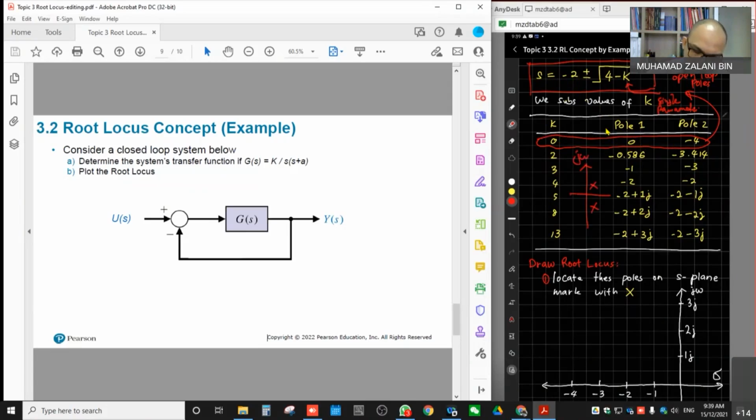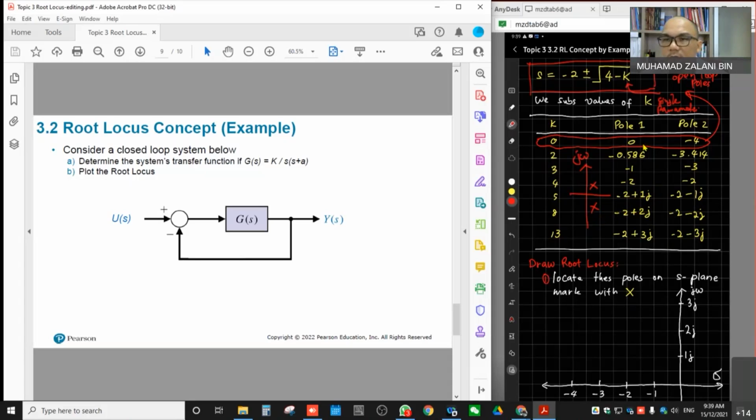Let's say this is the imaginary axis. We have a pair of poles, positive and negative, here at the imaginary axis.